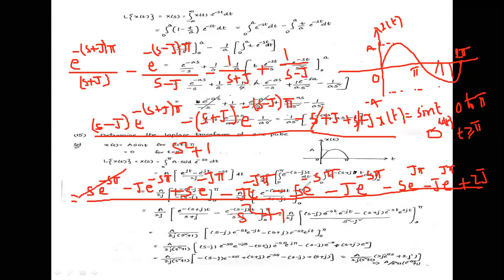Okay, and here minus s into e power s into pi. Both are getting cancelled. Then again, is there any common term, s into e power minus j pi here? But here it is s into e power plus j pi. Okay, it is not the same.